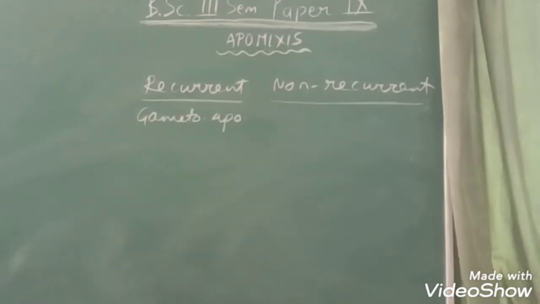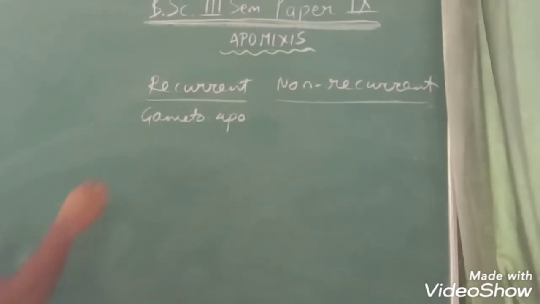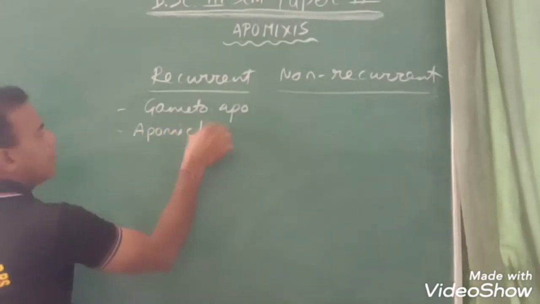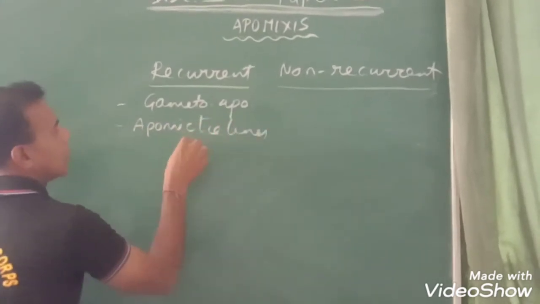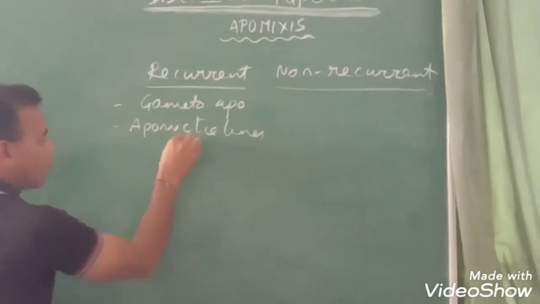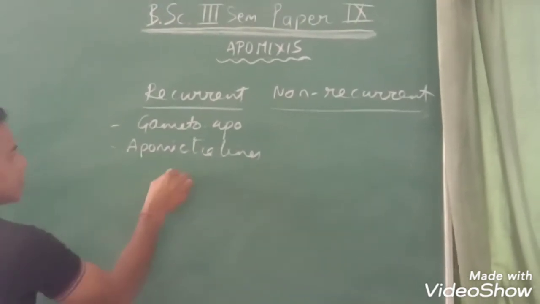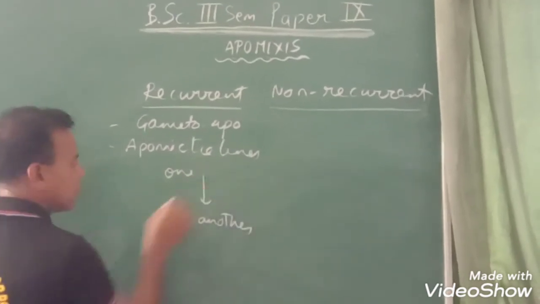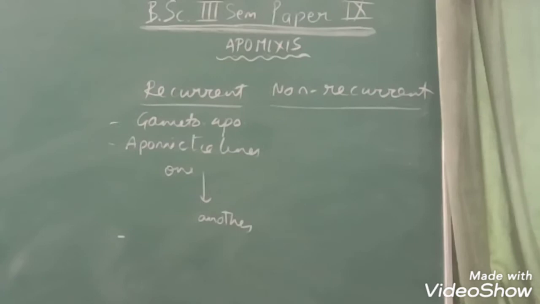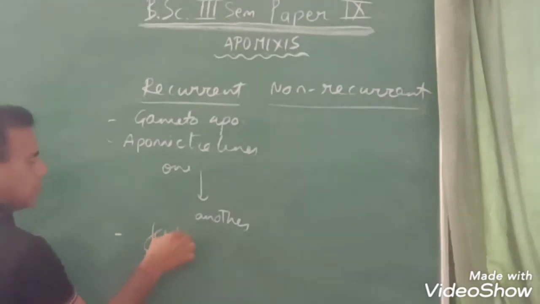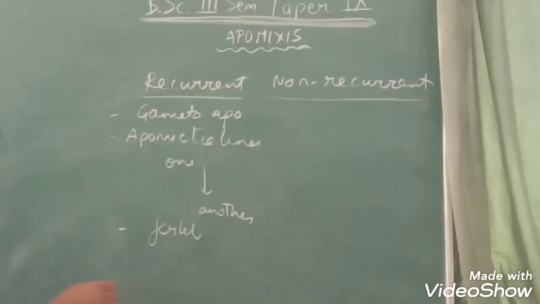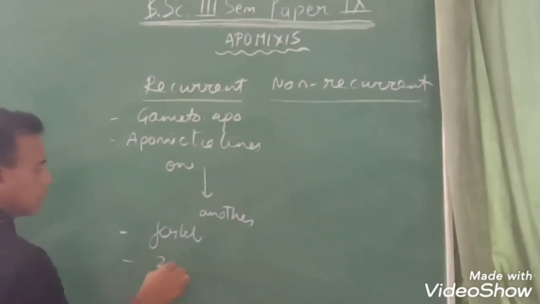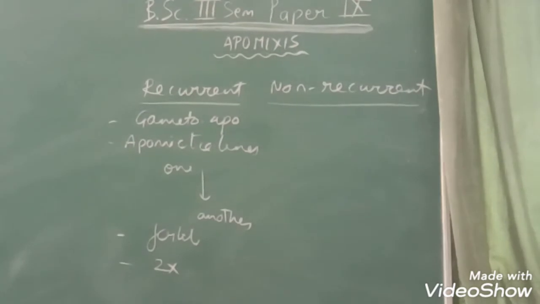And what happens in recurrent? The apomictic lines are obtained from one generation to another. These are always fertile and they have diploid chromosomal number.